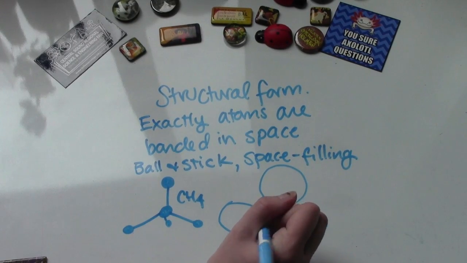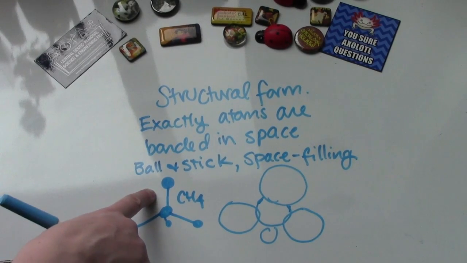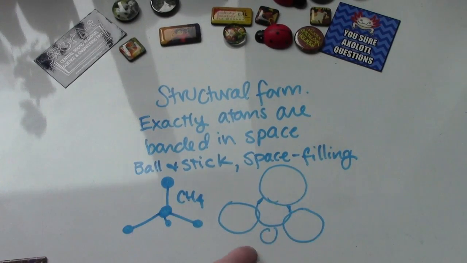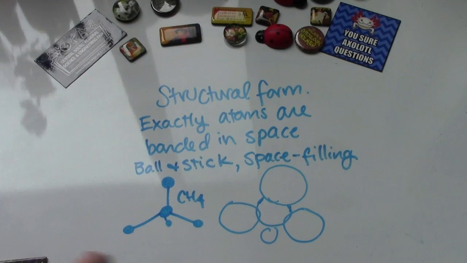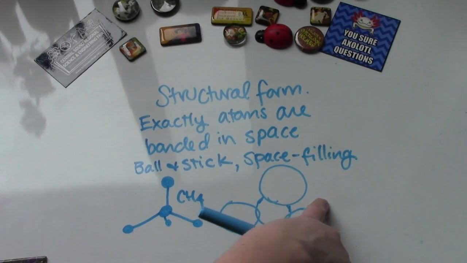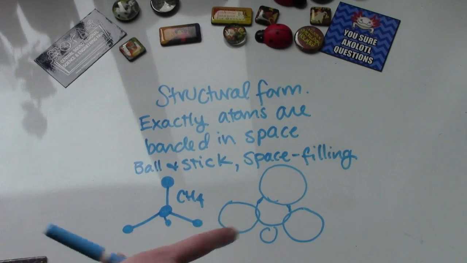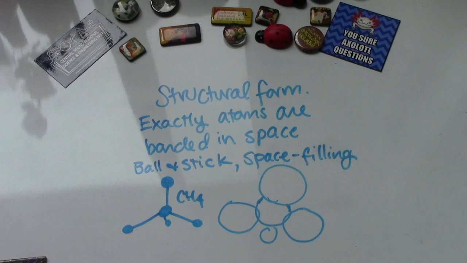But instead of having these sticks, they replace that with a bigger space filling to show how the orbitals work, how the electrons work, and all that jazz. So look that up, just Google it. You'll get a good idea, and you'll see how weird it is to draw it on the whiteboard.